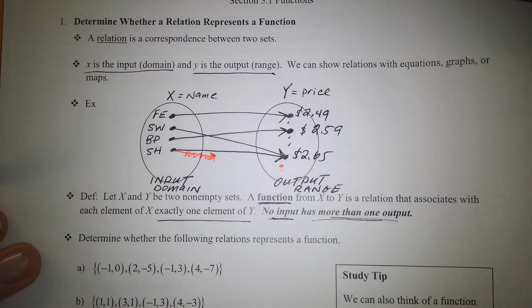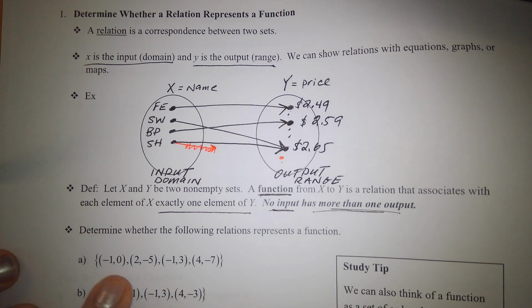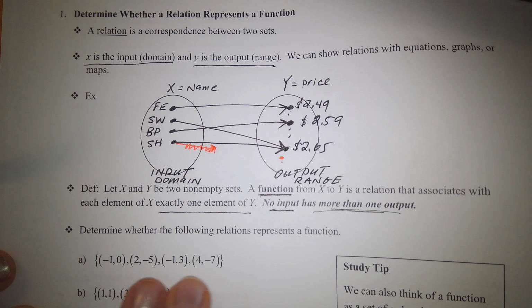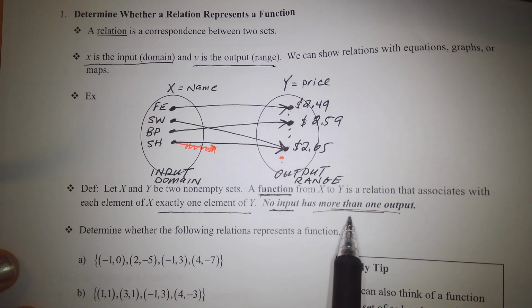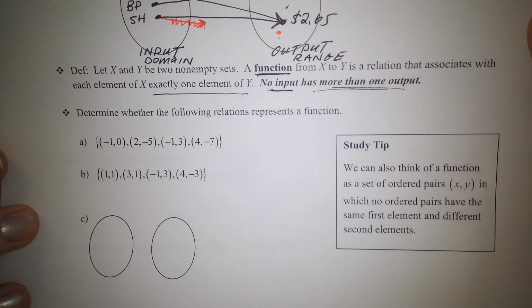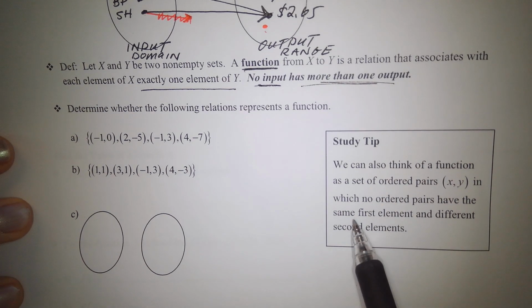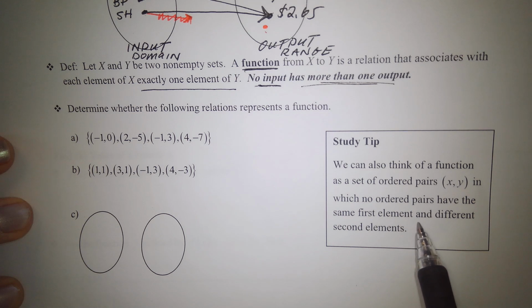So let's look at a few examples and determine whether these represent a function. Down here we have 4 different points, and we're asked to determine whether these 4 points represent a function. Well, remember, no input can have more than one output. So what we're looking for are any x's that might have more than one particular y. No ordered pairs can have the same first element but different second elements.